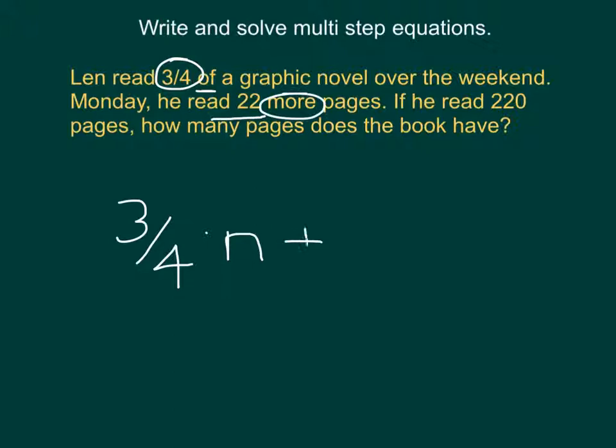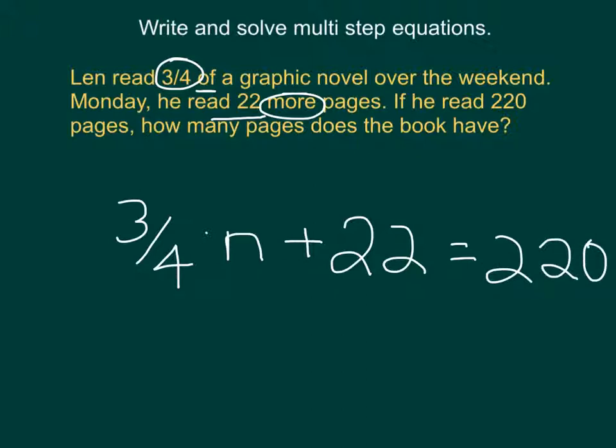More is usually plus 22 pages. If he read 220 pages, how many pages does the book have? So we're going to make it equal to the 220 that he read. So then we would be solving for n, which is the number of pages the book has. So 3/4 n plus 22 equals 220.